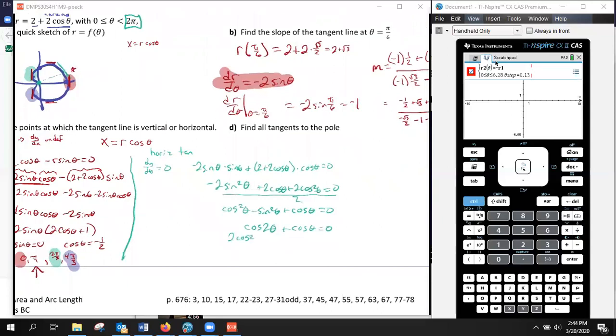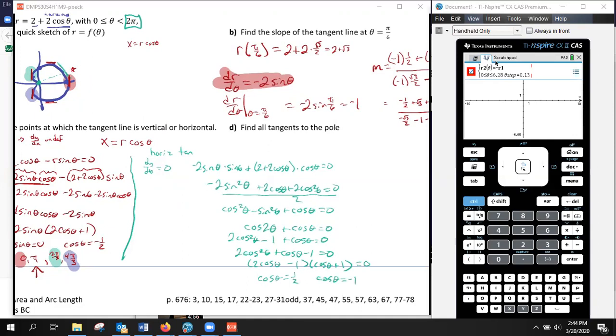So 2 cosine squared theta minus 1, and this looks like a quadratic if I rearrange: 2 cosine squared theta plus cosine theta minus 1 equals 0. So (2 cosine theta minus 1)(cosine theta plus 1) equals 0. So it's where cosine of theta is 1/2 and where cosine of theta is -1.